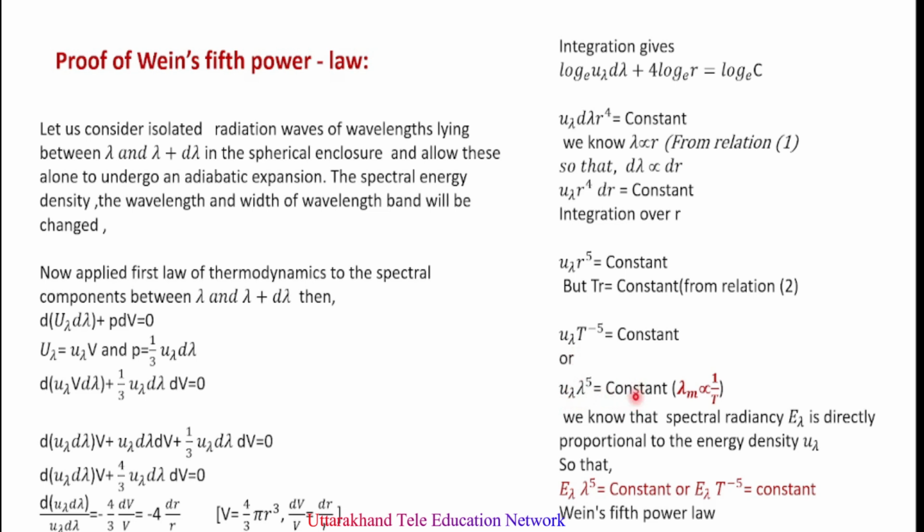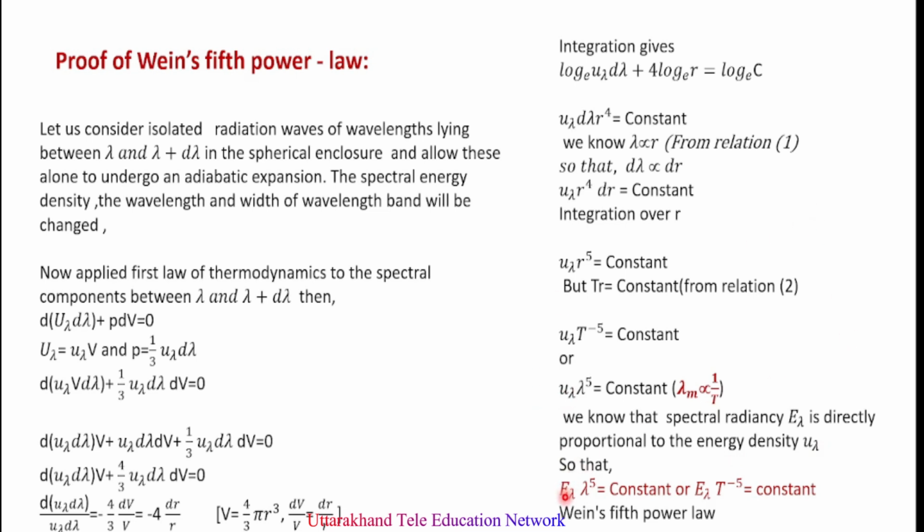Again, we also know that the energy density is equal to the total amount of emission per unit surface area of a perfect black body. So we know that the spectral radiancy E_lambda is directly proportional to the energy density u_lambda. So we can put E_lambda in place of u_lambda.